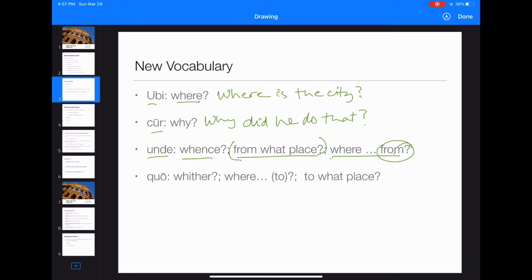And the last new word for this section is quo, which means whither. So this is another word we don't use very often in English, but we do ask quite often, where are you going to? Or to what place? So anytime Mr. Henle uses a phrase like this in his sentence, he wants you to start your sentence with the word quo.